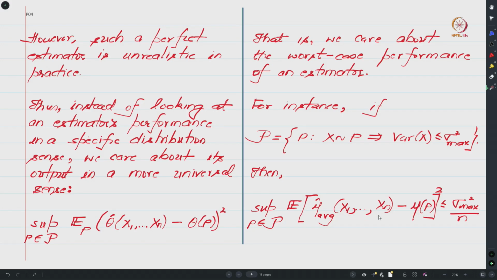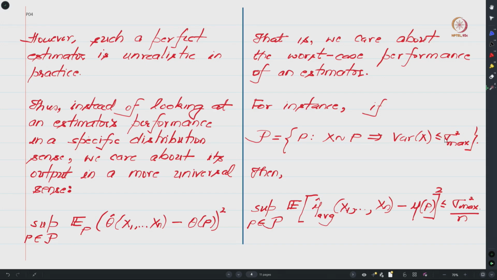In our previous class we have shown that this expression for any p is upper bounded by sigma max square over n. This quantity is irrespective of what this p is, and only depends on the bound sigma max square.